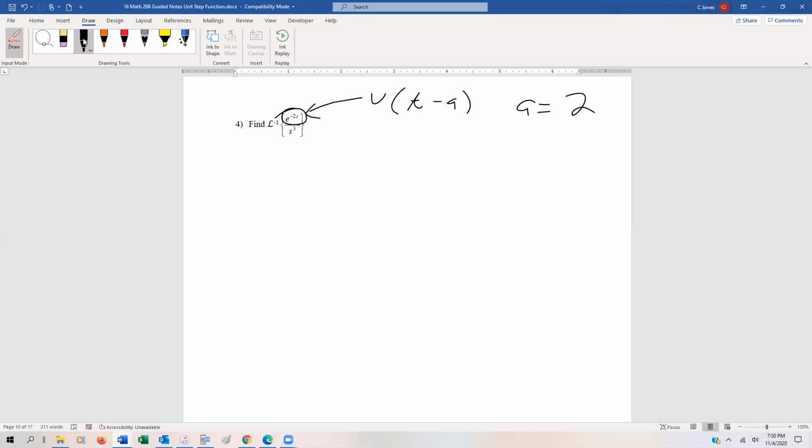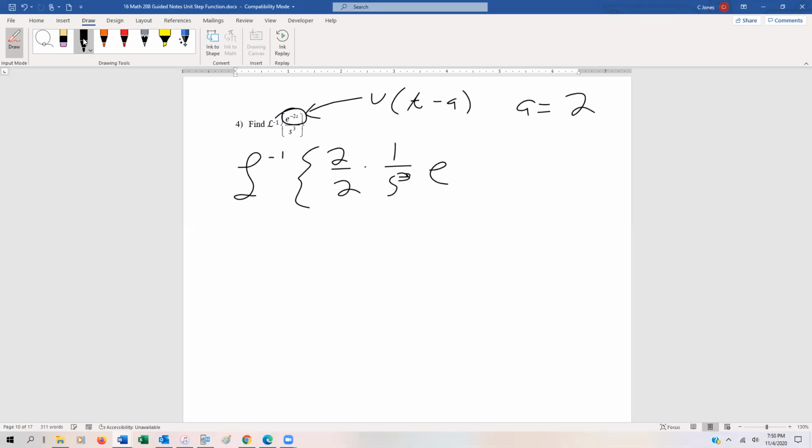Now, the other thing we have to do is we have to think of this as L inverse. And we're going to pull that trick where we multiply the top and the bottom by 2 over 2, because we need to set up the numerator to have the same form of s to the n plus 1, and in the numerator we have n factorial.